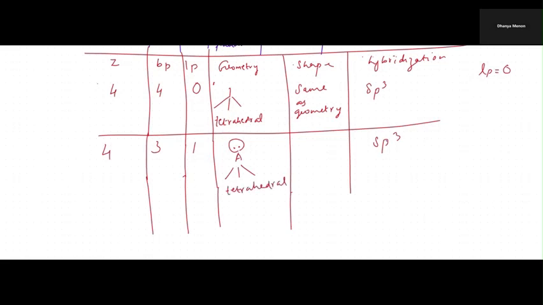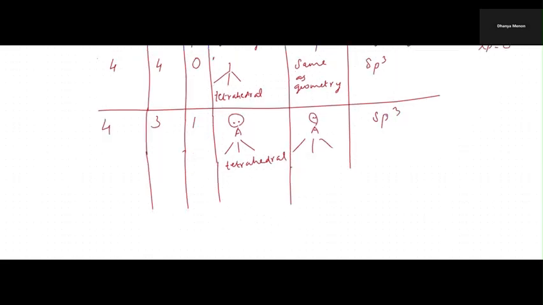But for the shape, what I would do is ignore the lone pair. When I ignore the lone pair, it is pyramidal. Okay, it's like a pyramid.